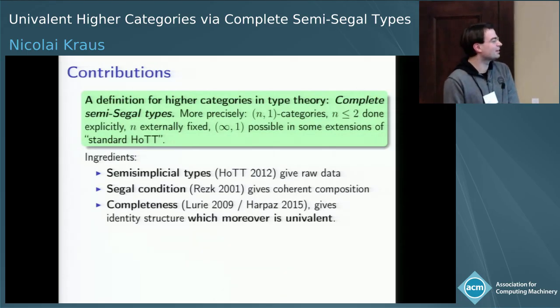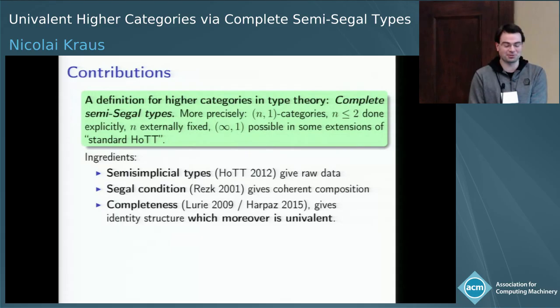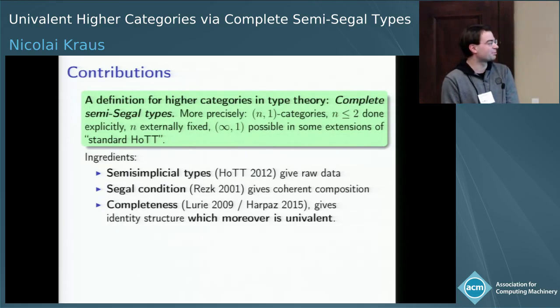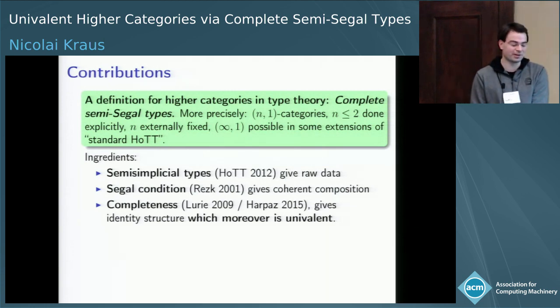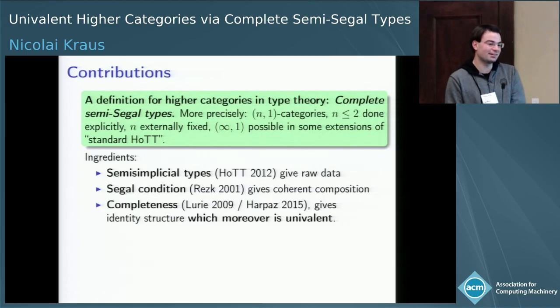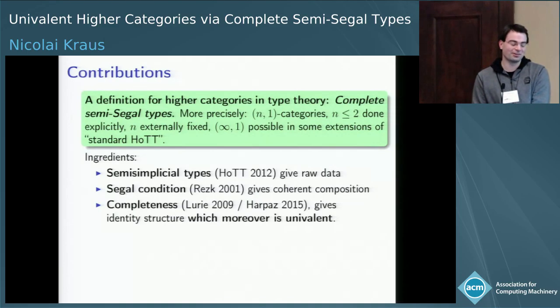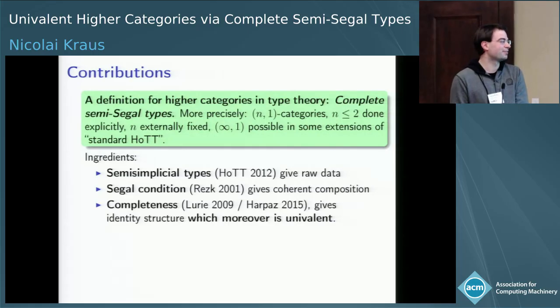But fortunately, there is a very clever, nearly trivial, but also ingenious trick, which is due to Lurie and Harpaz, which makes it very simple to define an identity structure. And even better, this identity structure will turn out to be univalent. So this is another property which you would want of a category in homotopy type theory, at least most of the time. It basically means that different notions of sameness on objects coincide. So like isomorphism of objects and equality of objects coincides.